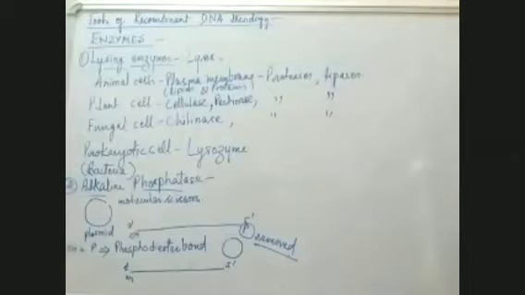Now, to this end, the desired gene is attached. Suppose we have this desired gene, and it is attached here. And after attachment, again this phosphate is added.